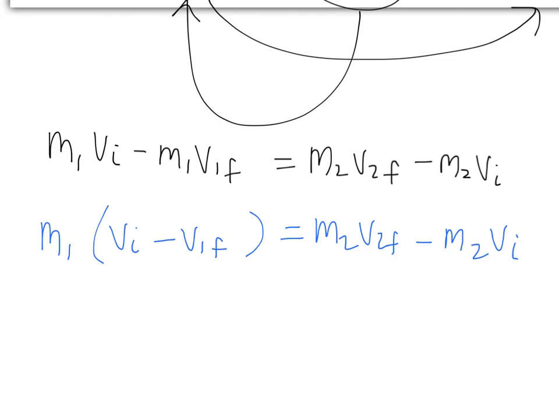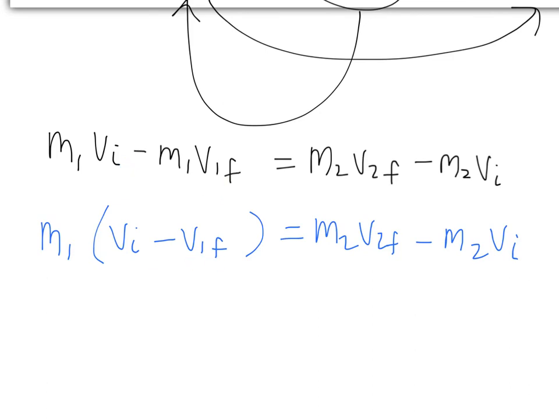Again, in case you're wondering when you factor something out, if you forget what's left over, how do you know this is left over right here? Just take this, divide it by whatever you factored out. If you divide this by this, you're just left with Vi. Divide this whole thing by M1. You're left with negative V1f.